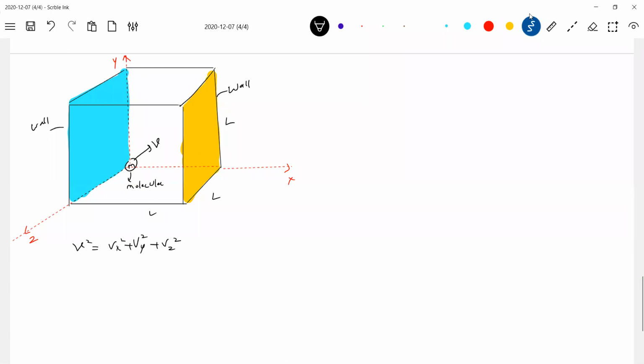Okay, let's get into the derivation part here. Let's consider the x component of velocity of the molecule. If there's a wall, what are some assumptions here? Let m be the mass of the molecule.